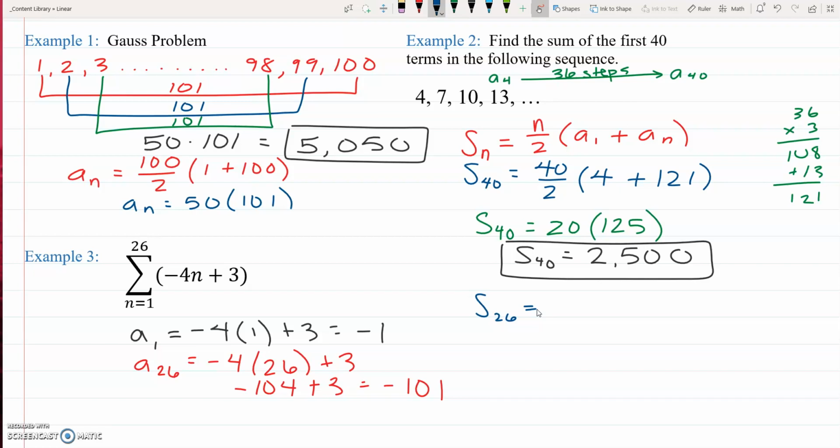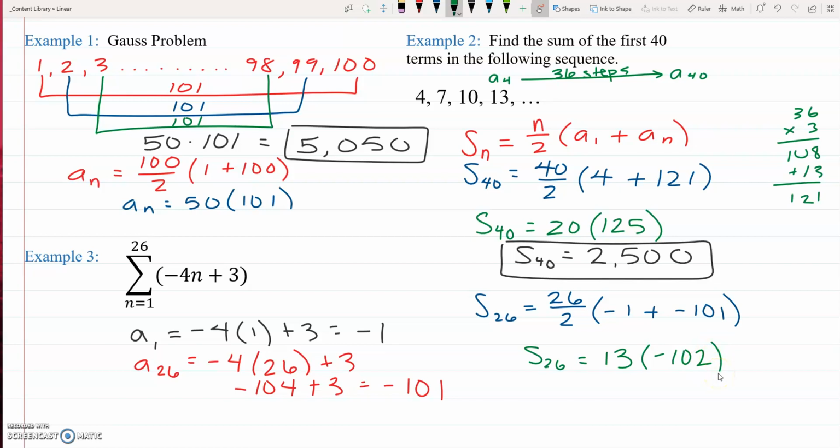N is the number of terms, so that's 26 over 2 times the first term I figured out, -1, plus the last term, -101. Okay, so I've got S of 26 equals 13 times -102.